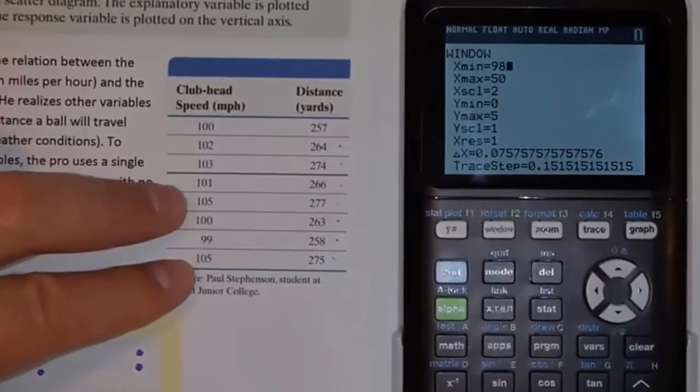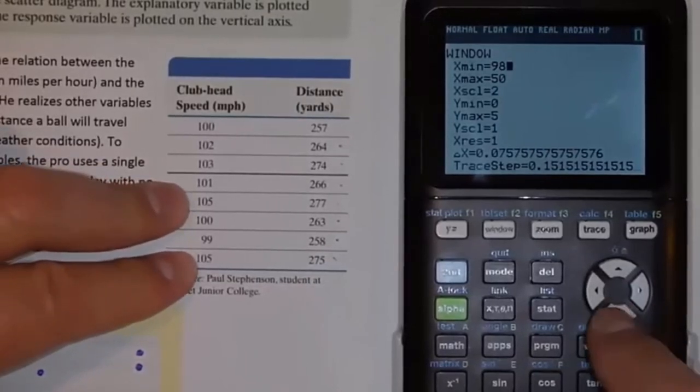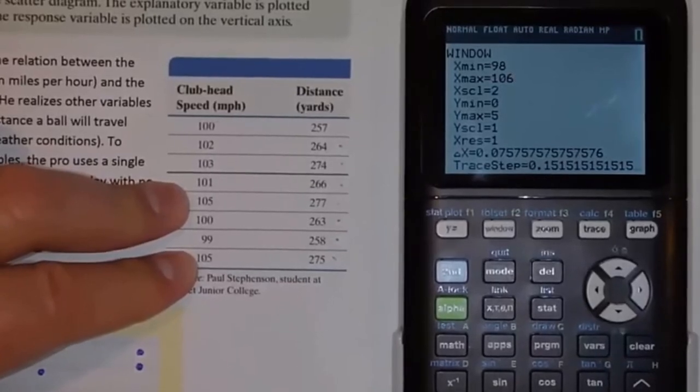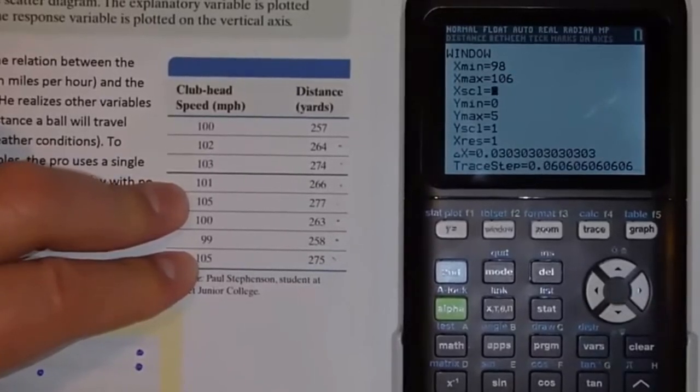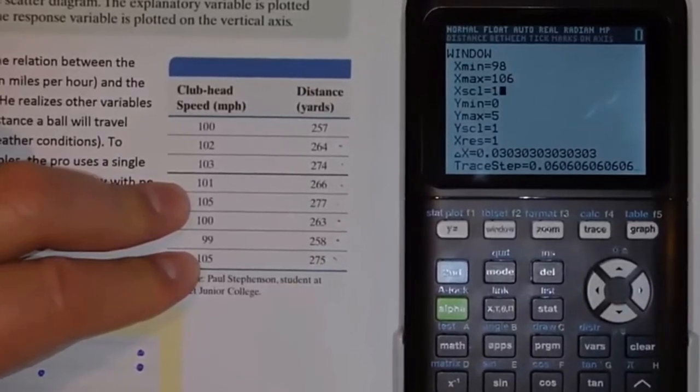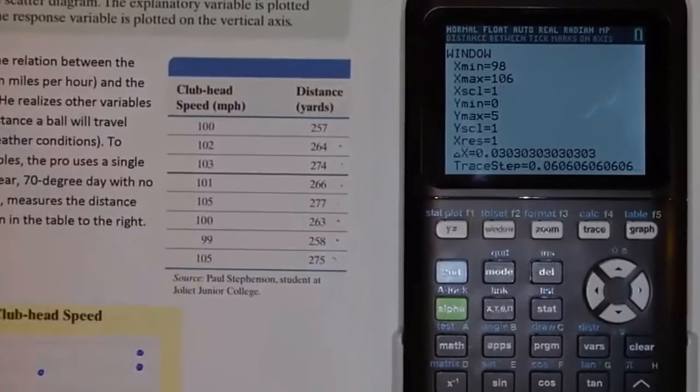Our largest X value is 105, so I'm going to make my X max 106. The scale doesn't really matter, but I'm going to choose a scale of 1. That's just, again, how often you're going to see a tick mark. So going from 98 to 106, that's only a difference of 8, so a scale of 1 is appropriate. If I was going from 98 to 1006, then I would probably use a much larger scale, like 50 or 100 or something like that.